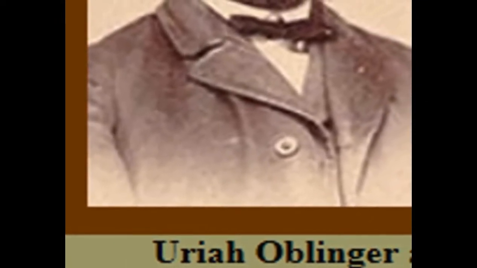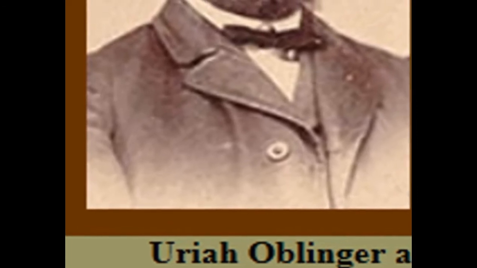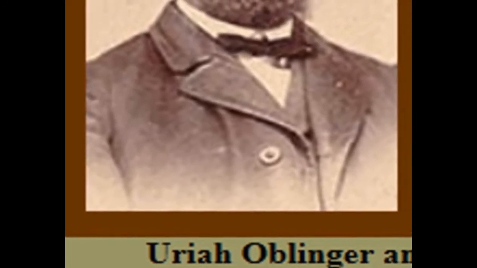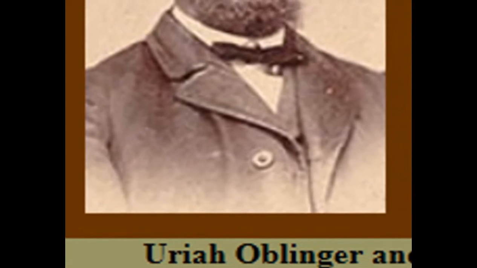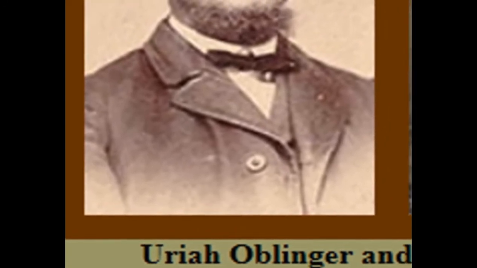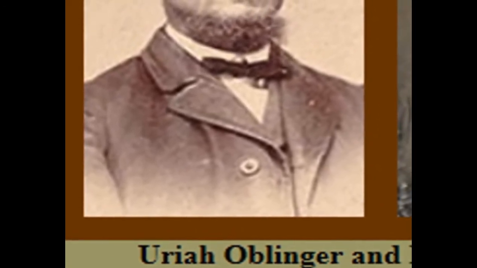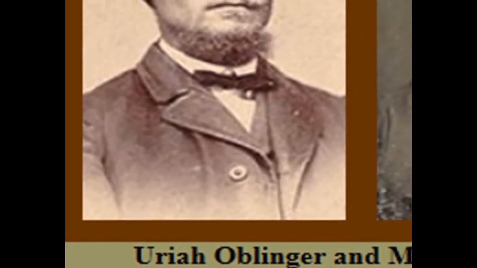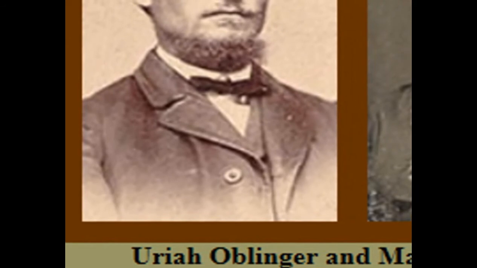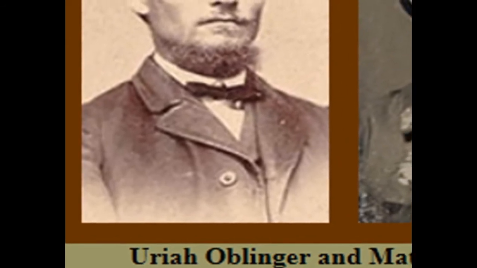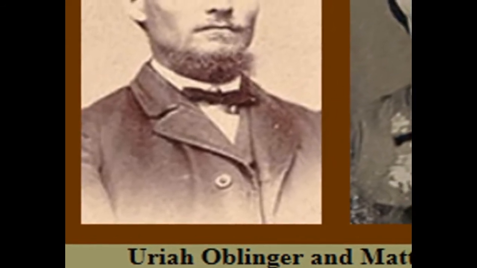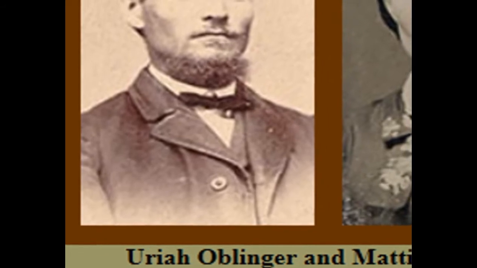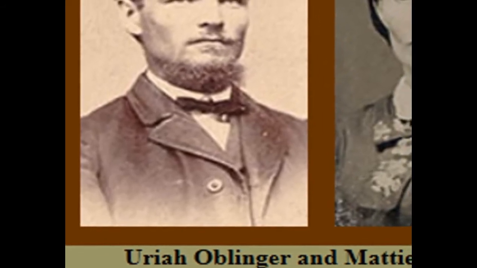Okay, so when we look at the problems of homesteading, we're going to focus on one particular couple, because we have some letters and diary entries that they wrote when they were in the process of setting up their homestead in Nebraska in the 1870s. This couple are Uriah Oblinger and his wife, Mattie.